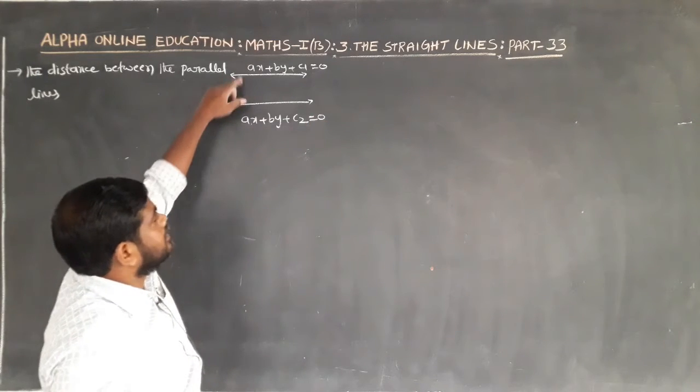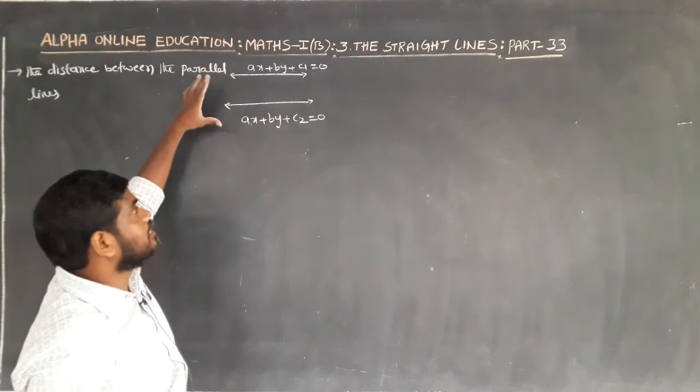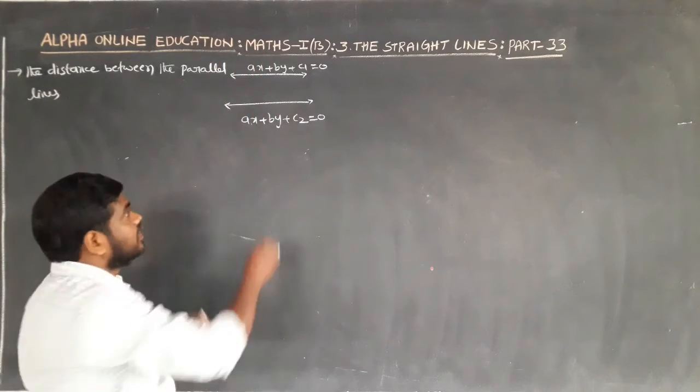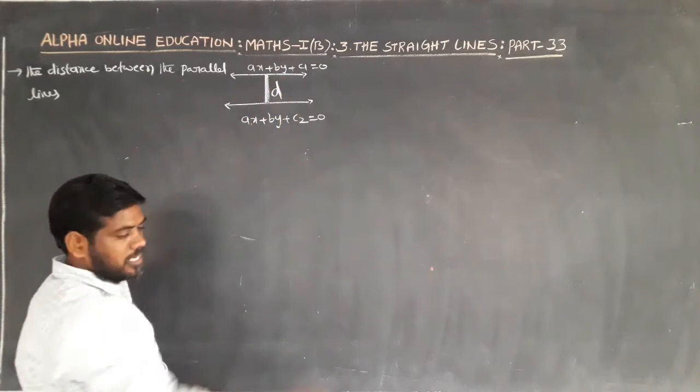If the two lines are parallel, then their slopes are equal, always equal x coefficients and y coefficients. This is the distance between the two parallel lines.